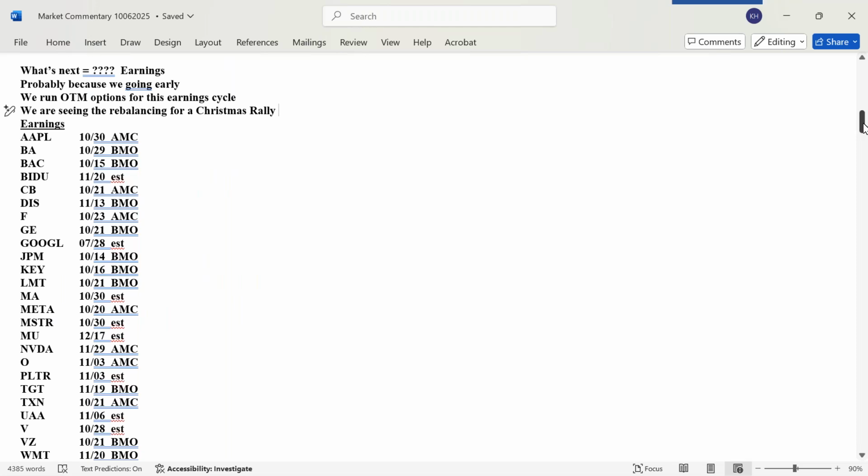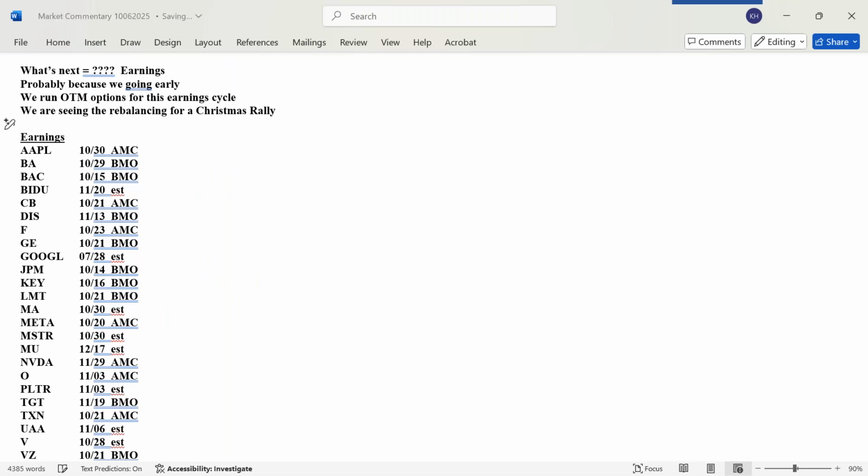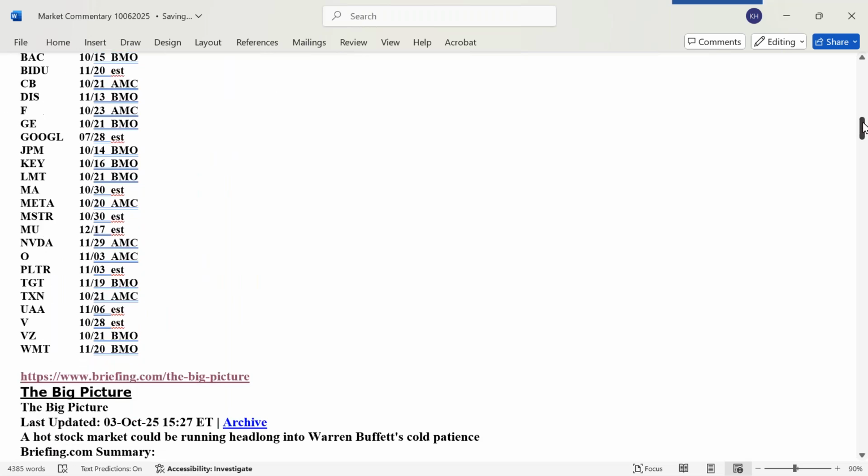So we have some huge financials coming up next week. Bank of America, JP Morgan. We might look to put some money into Key Corp because it's cheap. Goldman Sachs, Morgan Stanley, Wells Fargo. All the big bellwethers are reporting next week. But I've got our earnings schedule up for those that we follow. There are some that are estimated there.